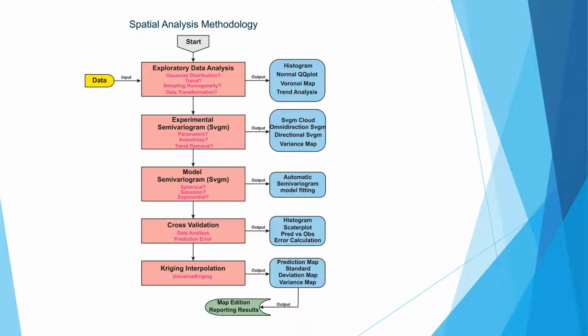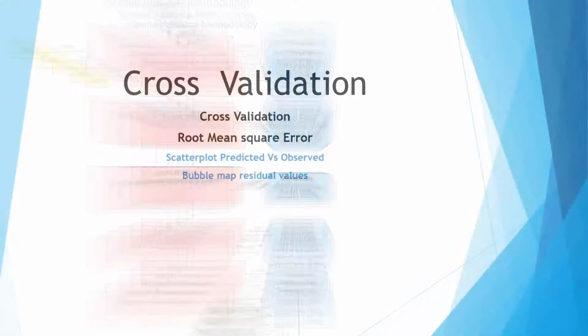In these tutorials, I am going to explain with examples, step by step, the spatial analysis methodology, where I am going to be talking about exploratory data analysis, experimental semi-variogram, model semi-variogram, cross-validation, Kriging interpolation, and also, at the end, we are going to be working with the map edition with Quantum GIS and also reporting results.